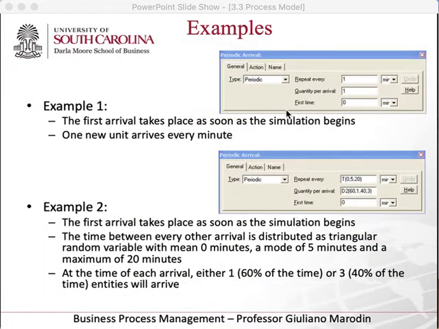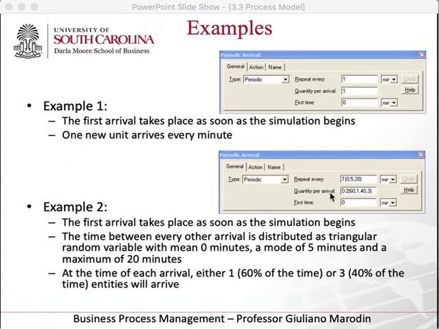And you're saying that it's repeating every 1 minute. And the quantity of arrival is going to be 1, and you're starting at 0, right? In this one, I'm using a T, like a triangular distribution, 0, 5, and 20. So the mode is going to be 5, with 0 as the minimum and 20 as the max, right?